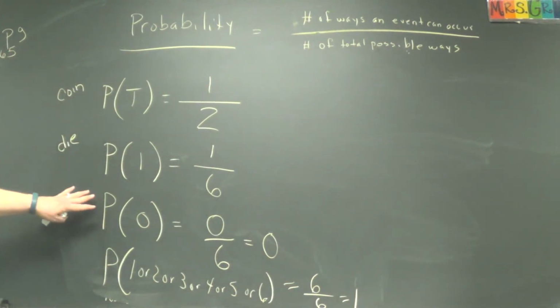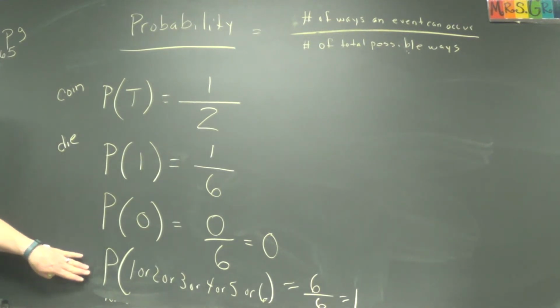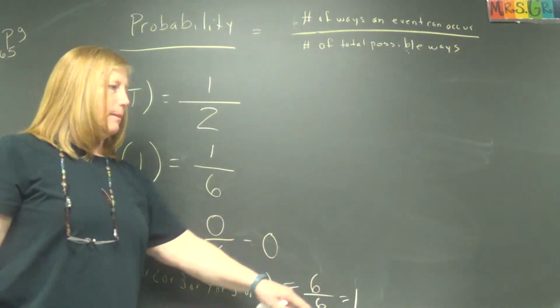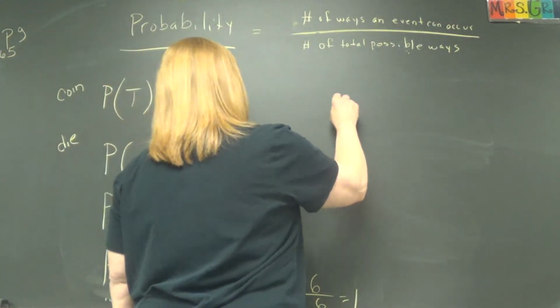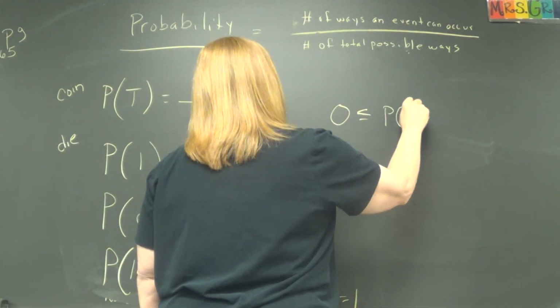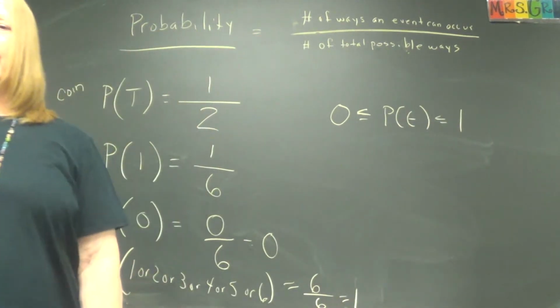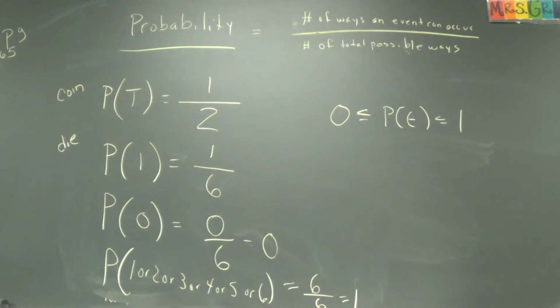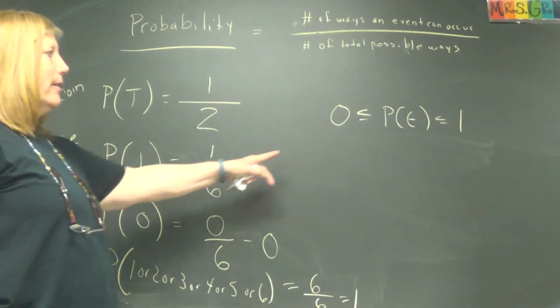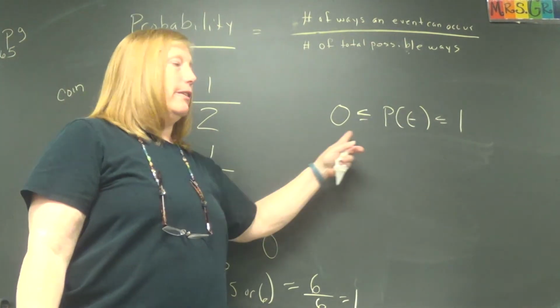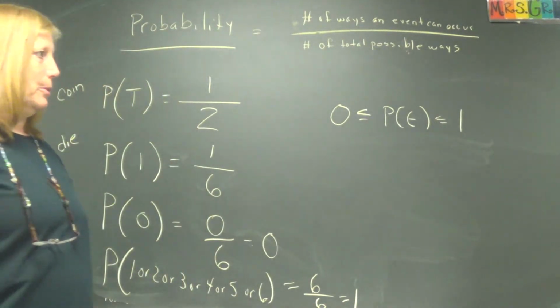This example is impossible, and this example always happens, so it shows you the lowest and the highest possible probabilities. Make a note of that. The probability of any event has to be between 0 and 1. 1 is totally, it must occur, and 0 is it cannot possibly occur. All the other probabilities are the fractions or decimals in between.